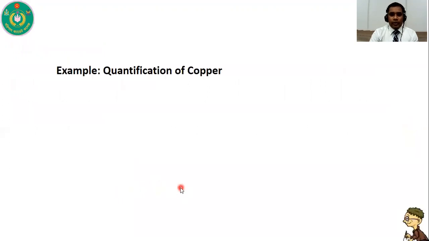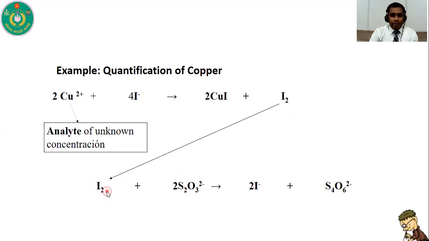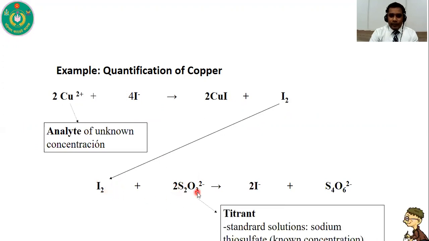Here is an example for your understanding. When copper 2+ reacts with iodide, we get iodine. This iodine, when titrated with sodium thiosulfate, gives products. As this thiosulfate solution is standard, its concentration is known to us. So by calculating the amount of thiosulfate, we can find out the amount of iodine.